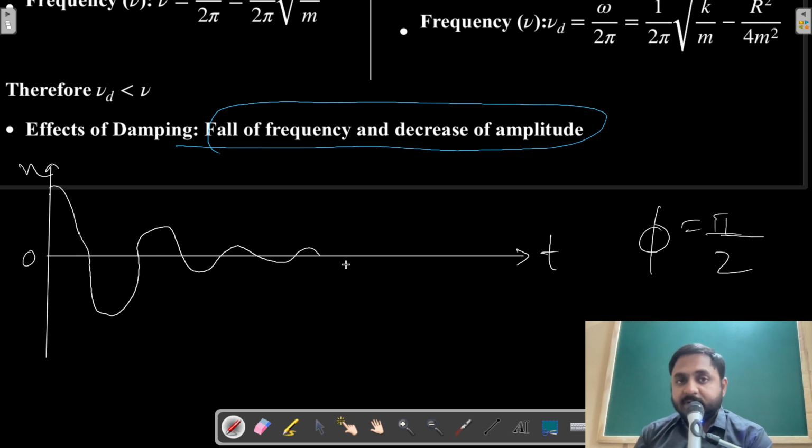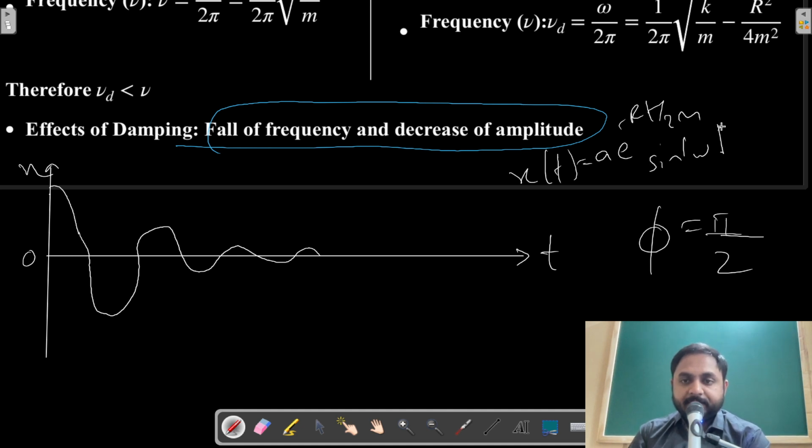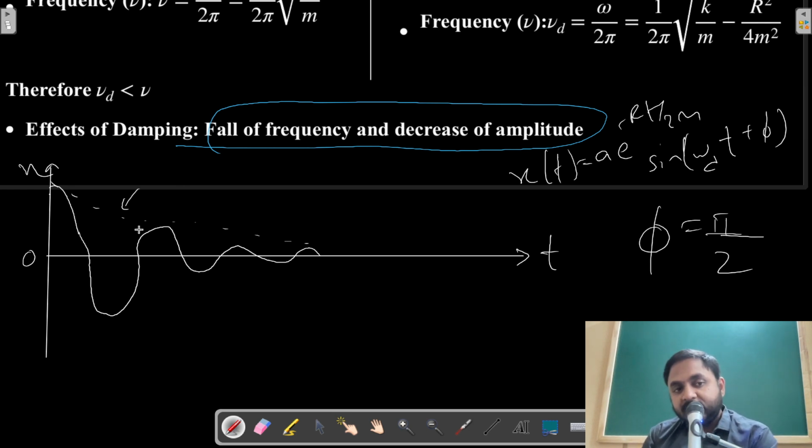Again, it is sinusoidal. It has to be sinusoidal. Why? Because your displacement is given by a into e raised to minus rt by 2m into sine of omega d t plus phi. So again you have a sinusoidal function, but now this sinusoidal function is changing with respect to time, and how this amplitude falls is given by this deteriorating curve.